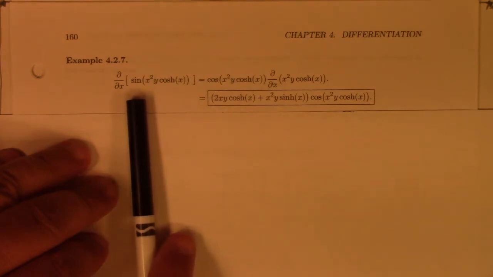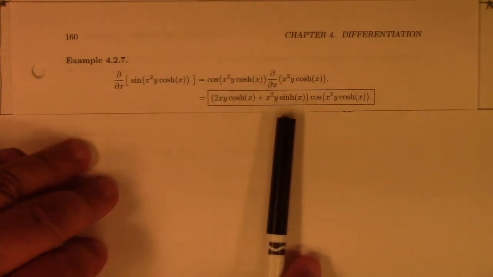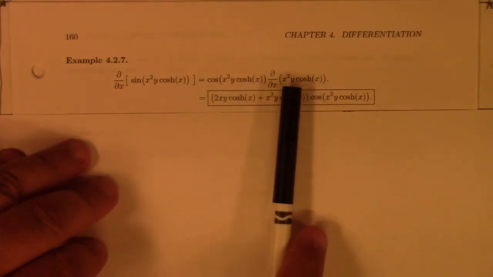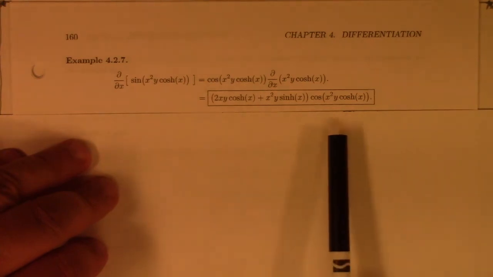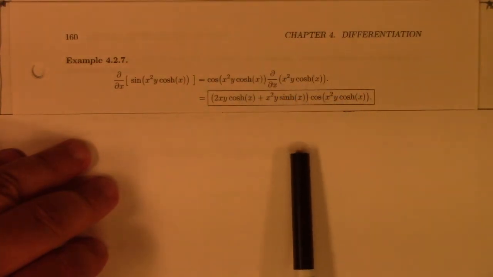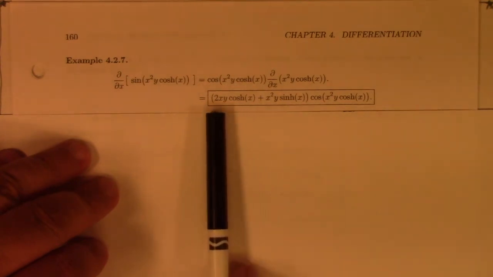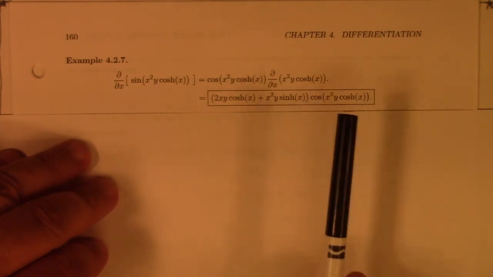So first of all, I've got the chain rule because the sine differentiates to cosine, and then I have to do the derivative of the inside function, which here is x squared y cosh x. And so how do you differentiate x squared y cosh x? I claim that you get 2xy cosh x plus x squared y sinh x.